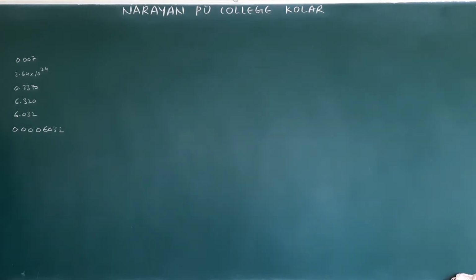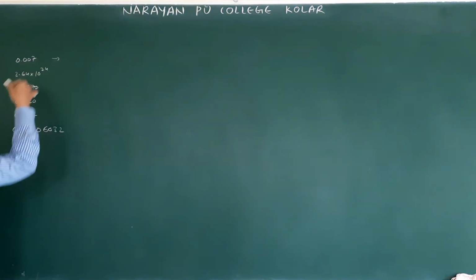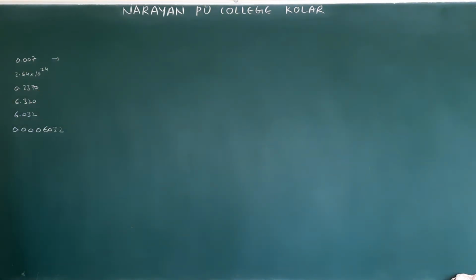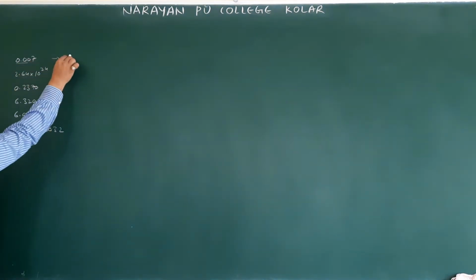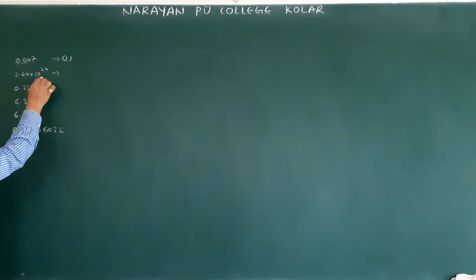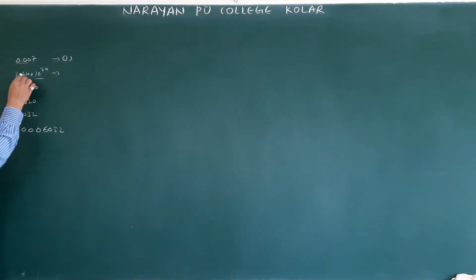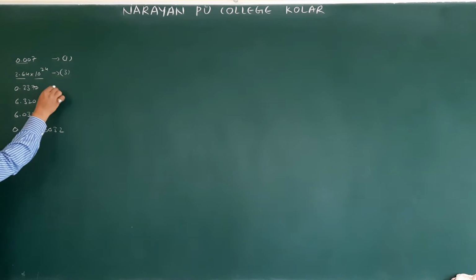See some examples they gave. 0.007: how many significant digits are there? Now we have seen all the rules. These zeros are not significant, therefore one significant digit. In the power of 10, either plus or minus 24, we don't need to worry. In this one all are non-zero, therefore 3 significant digits.